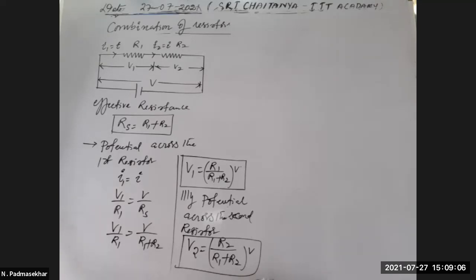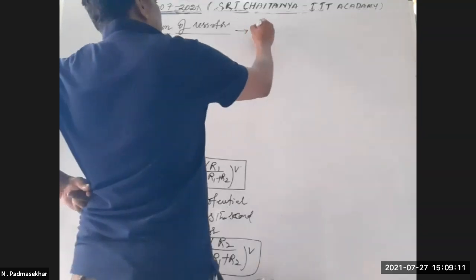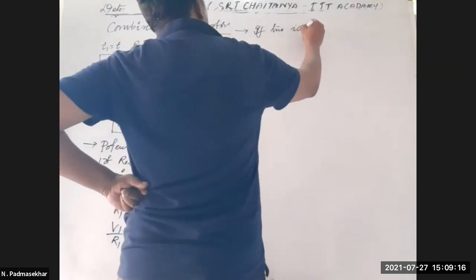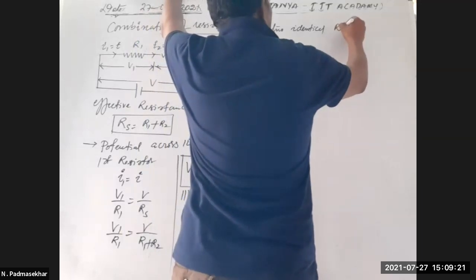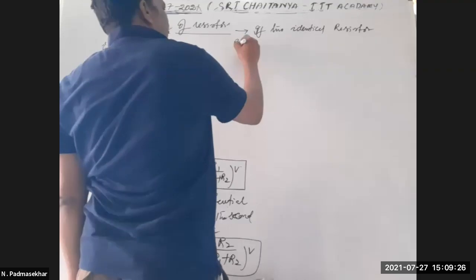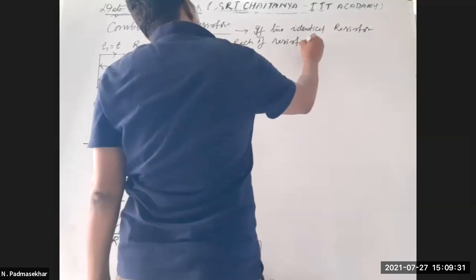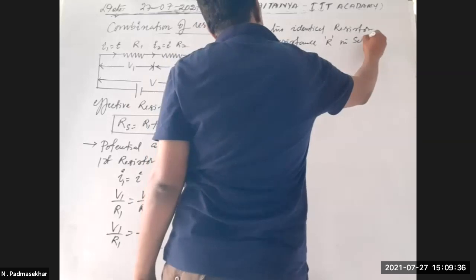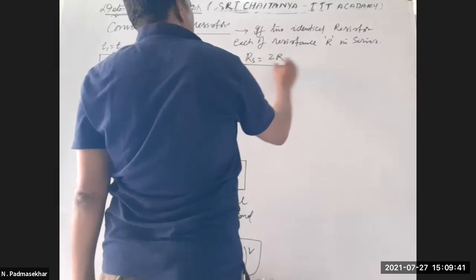Suppose if two identical resistors, each of resistance R, in series, effective resistance is 2R.